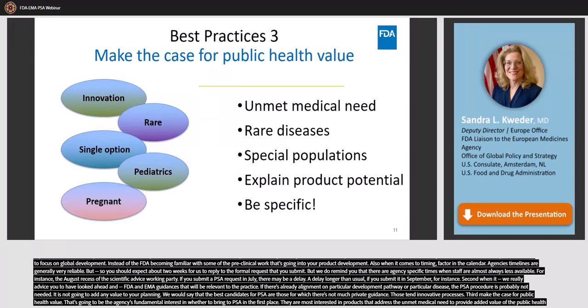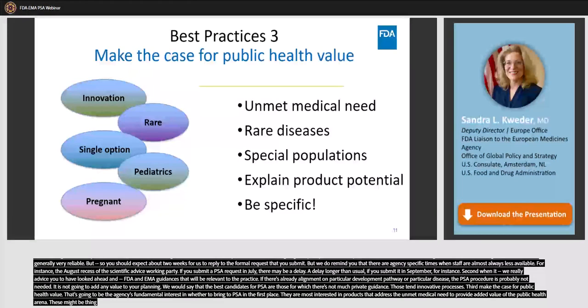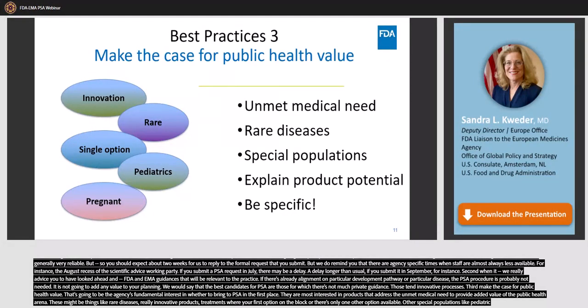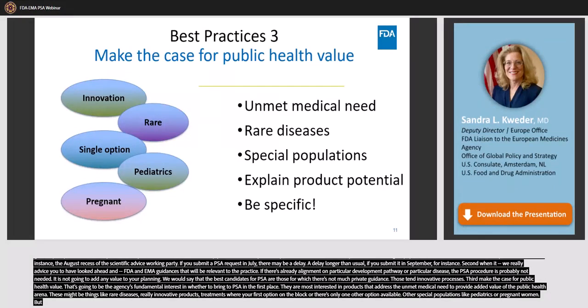These might be things like rare diseases, really innovative products, treatments where you're the first option on the block or there's only one other option available, other special populations like pediatrics or pregnant women. But explain your product's potential, why you think it has that potential, and be as specific as you can be.